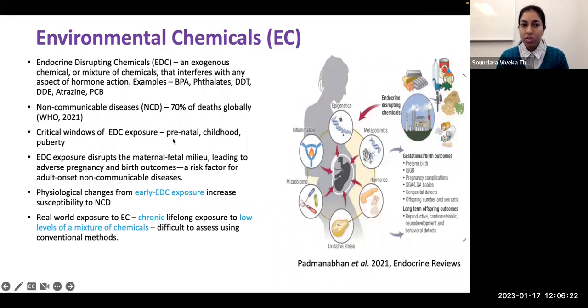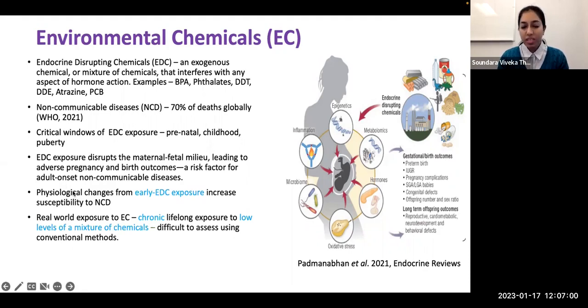There are several animal and epidemiological studies which have shown that exposure to EDCs affects the maternal-fetal milieu, leading to adverse pregnancy and birth outcomes, both of which are contributing factors for adult onset of these non-communicable diseases. Although a lot of research has been done on single exposure studies, the real-life scenario is not a single exposure, because we are exposed to a mixture of all of these chemicals at different doses, and it's a chronic exposure.